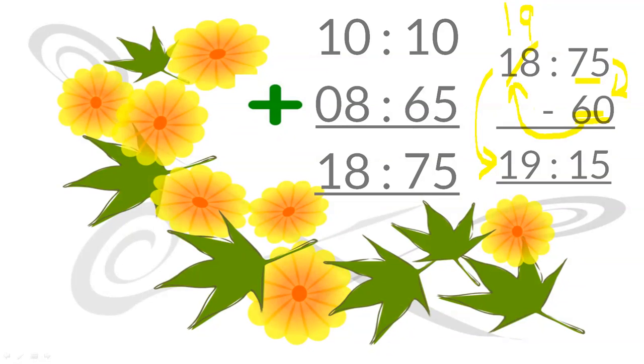So the time will be 19:15. Sometimes they give you such problems, so you have to set the times according to hours and minutes. The minutes column will not allow minutes that exceed 60. Remember that in your mind.